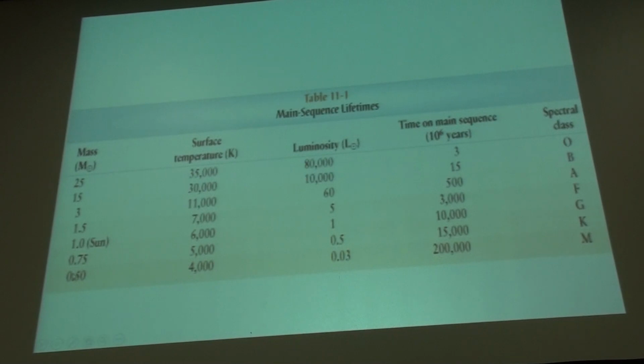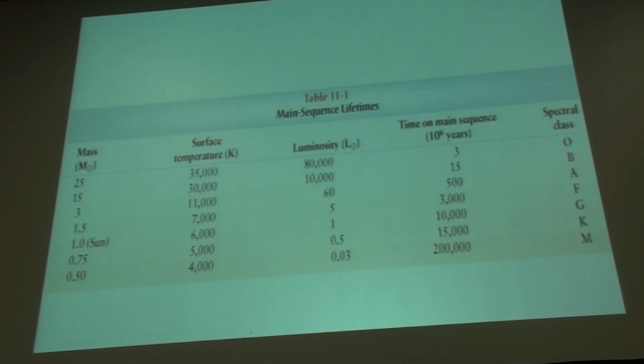But then a lower mass star, like a red dwarf, would have an even lower surface temperature and a luminosity of only 3% the luminosity of our sun. But its time on the main sequence is 200,000 million years, or when you do the math on that, 200 billion years, not million, sorry.